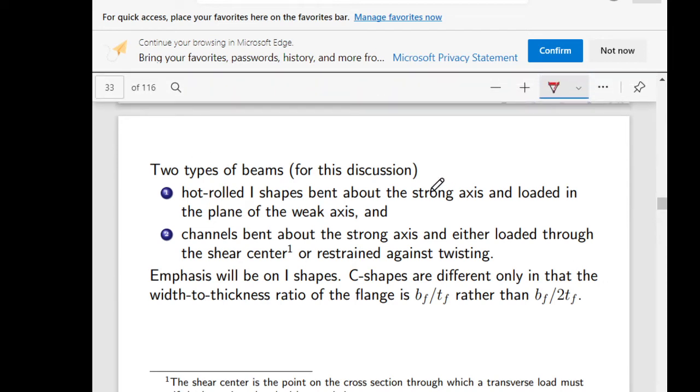So we first have to define the strong axis and weak axis.